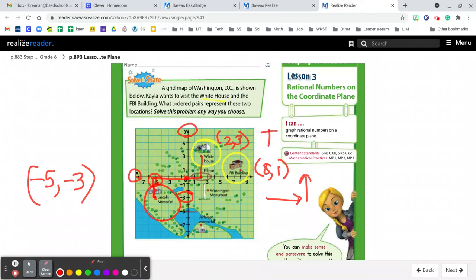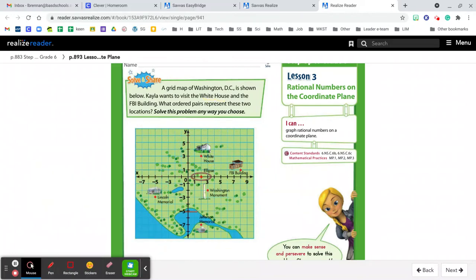Quadrant 1 is going to be positive. Quadrant 2, your x value is going to be negative and your y value will be positive. Quadrant 3, you're going to have a negative number and a negative number. And quadrant 4, you're going to have a positive x value and a negative y value.